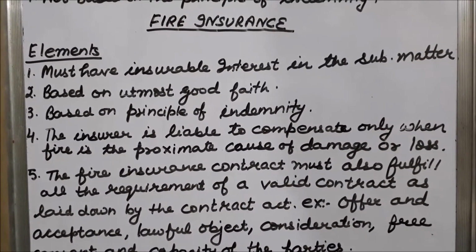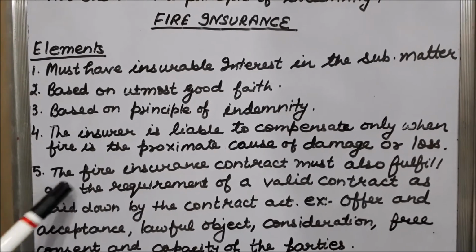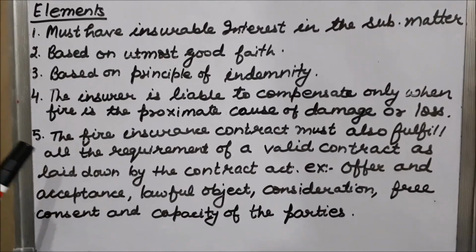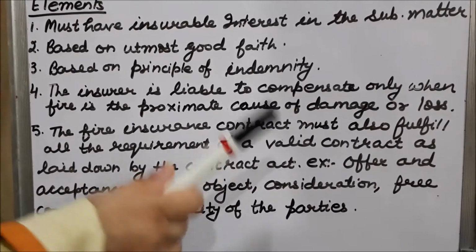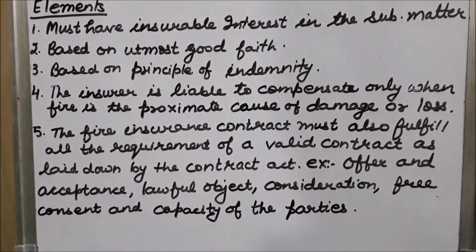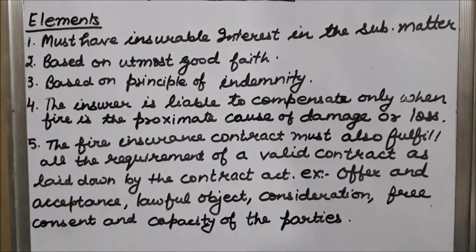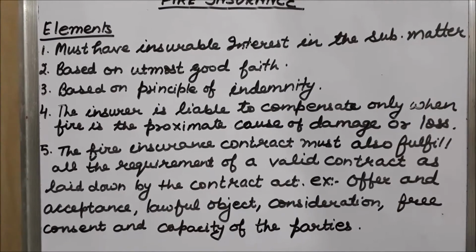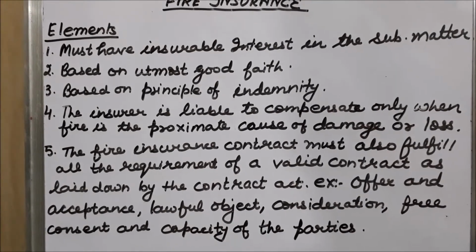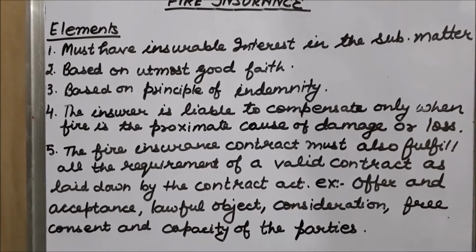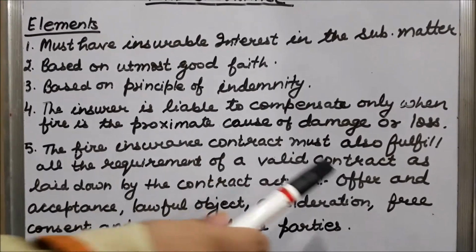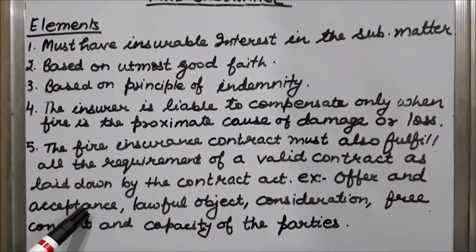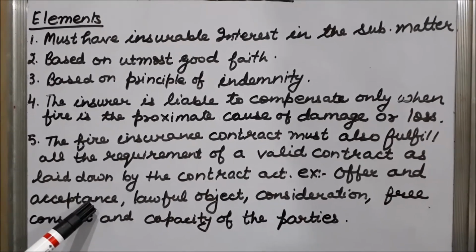Last element of fire insurance is that the fire insurance contract must also fulfill all the requirements of a valid contract. Just like life insurance, fire insurance must also fulfill all the essentialities of a valid contract. For example, offer and acceptance: the offer of the insurance company must be accepted by the insured willingly.